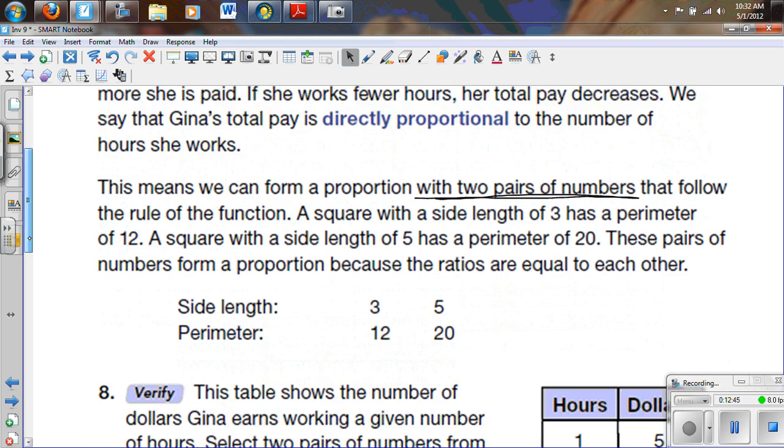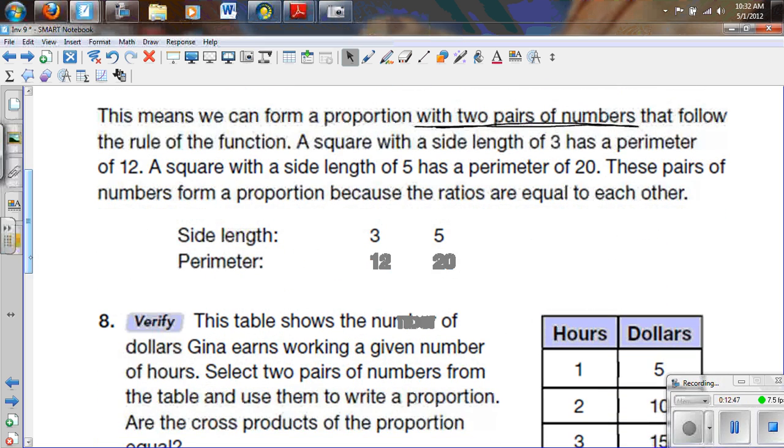So if we were to look at these, side length and perimeter, we would look and see, are these proportional? Well, is 3/12 the same as 5/20? And notice we're comparing the side length to the perimeter. So usually we set this up like this, and we have these pairs, 3/12 and 5/20.